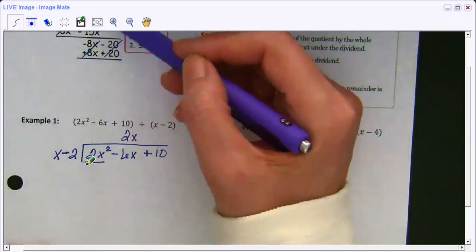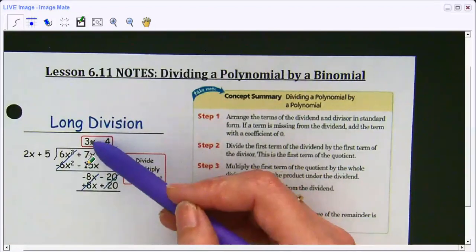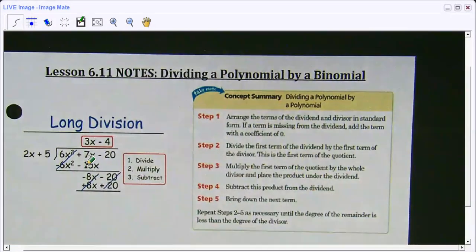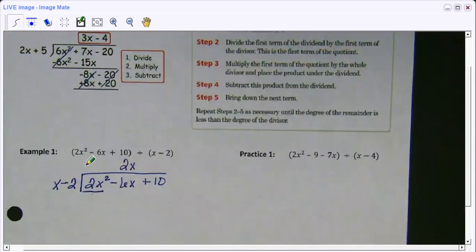Because like terms are above each other. So if you look at this example, like terms are above each other. That is the one difference between regular long division and this type of long division with polynomials.